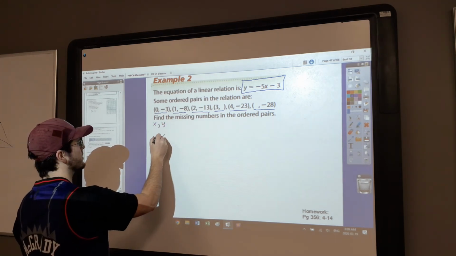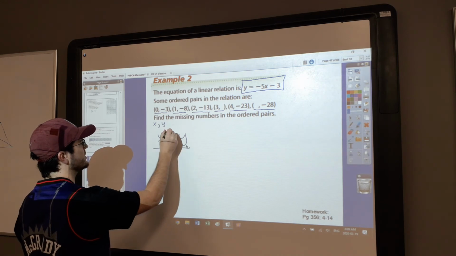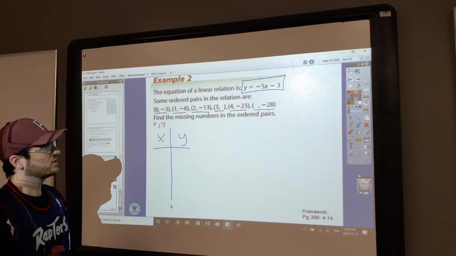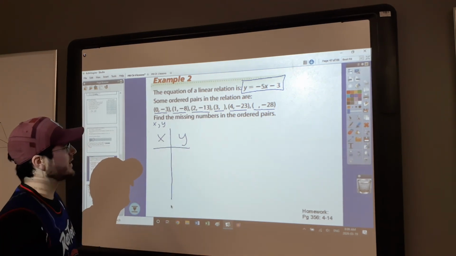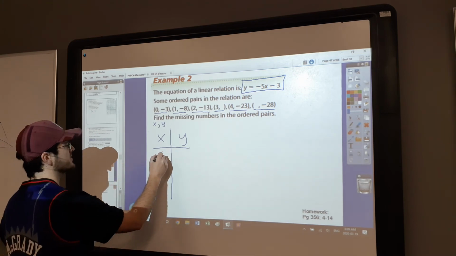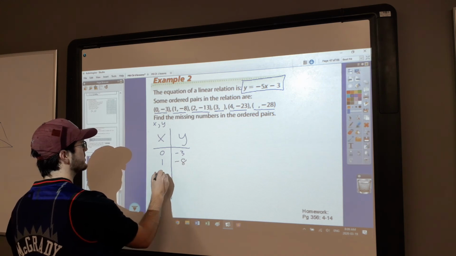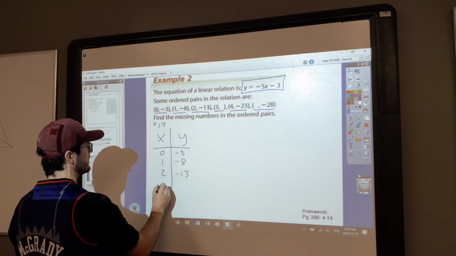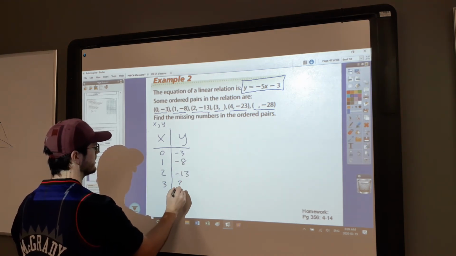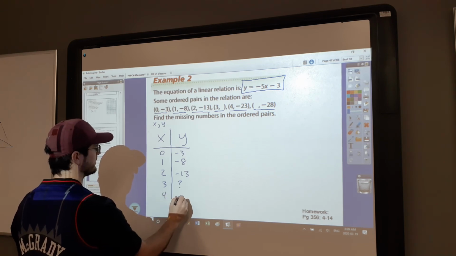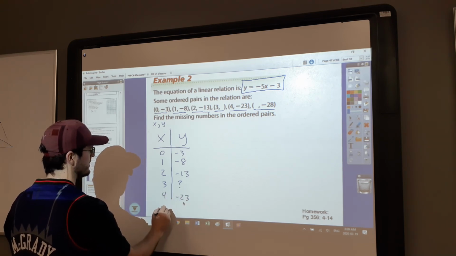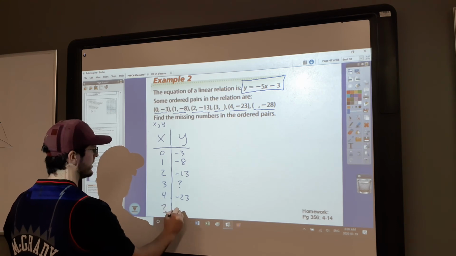So just to start setting this up, we could set it up into a table of values. And that's actually going to help us quite a bit because we're going to actually start to see a pattern in this case. 0 and -3, 1 and -8, 2 and -13, 3 and something, 4 and -23, and then something and -28.